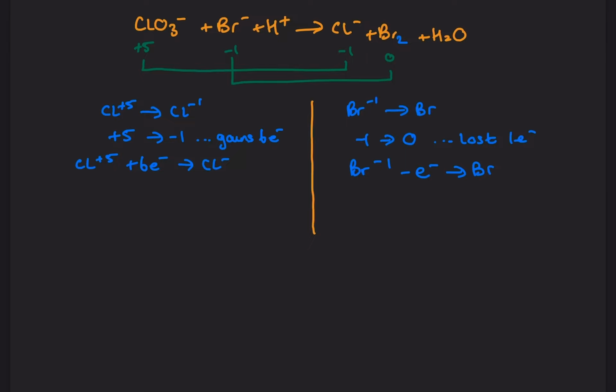Now, writing this up. I need to figure out the imbalance. If we look at the amount of electrons lost versus gained, we need to sort that out. So the ratio of the ClO3 minus to the bromine: for every 1 mole of this, to balance it out, I need 6 of these.